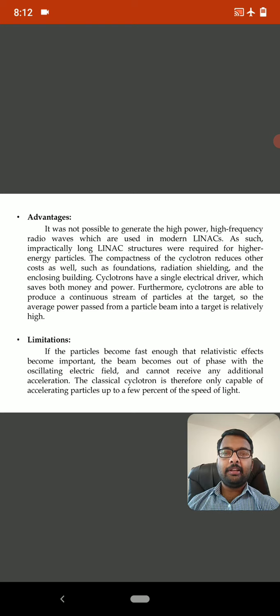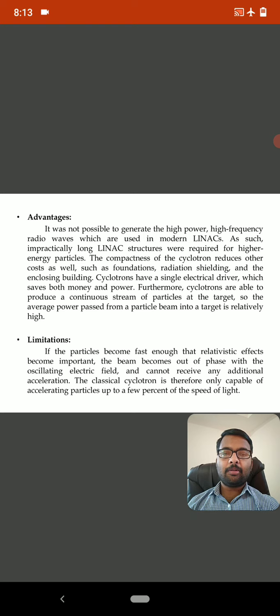So the first one is we can generate high power, high frequency radio waves using the cyclotron accelerator. This can be achieved with the help of the compactness of the cyclotron, which reduces other costs such as foundation, radiation shielding and the enclosing building.